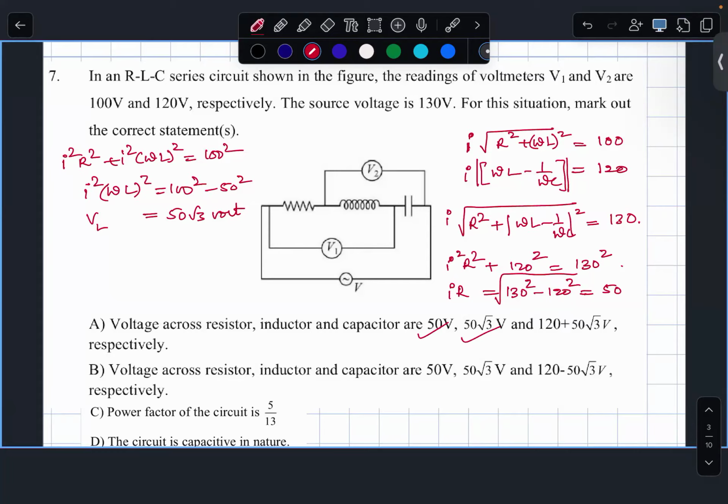Two possibilities. VL is 50 root 3, so across C it is 120 plus or minus 50 root 3 volt.